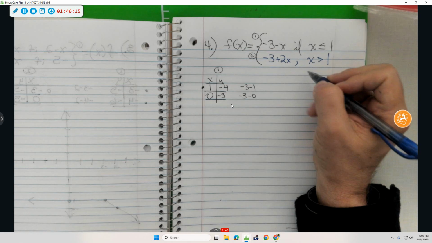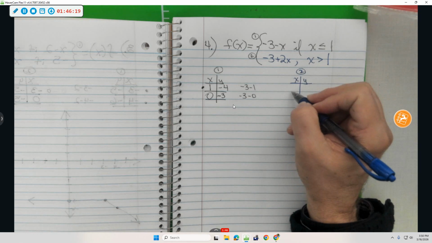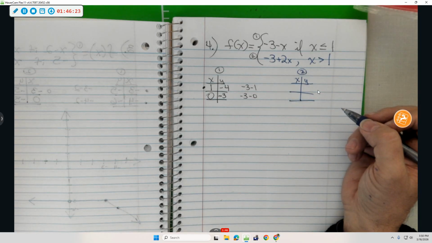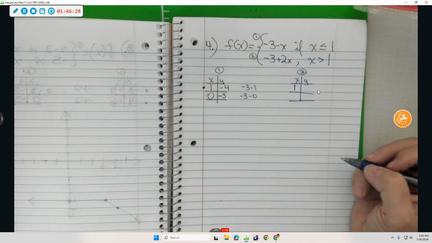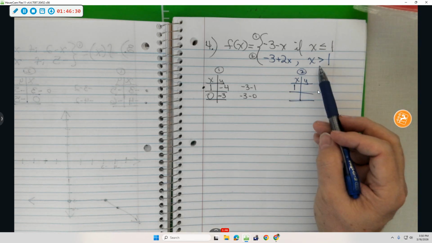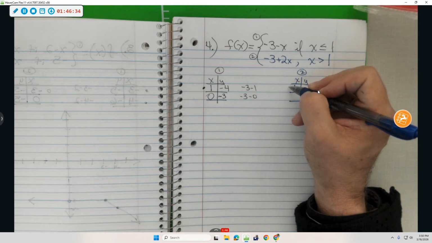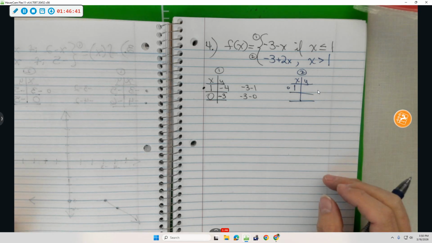Now my second table, what's the first number I have to plug in? 1. I look at the inequality and what do I conclude? Now, realize you cannot have 2 closed circles above one another, because then it would fail the vertical line test.